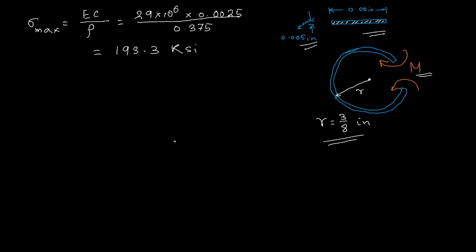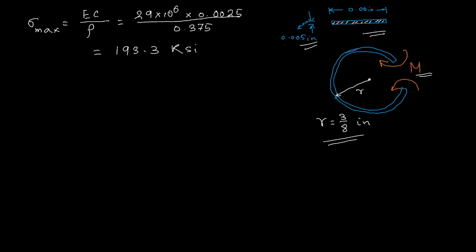Okay, so that's the maximum stress that will be developed. So you should be able to think that on the inner side it will be compressive stress of this value, and on the outer side it will be a tensile stress of the same value, because the fibers are at the same distance from the neutral axis.